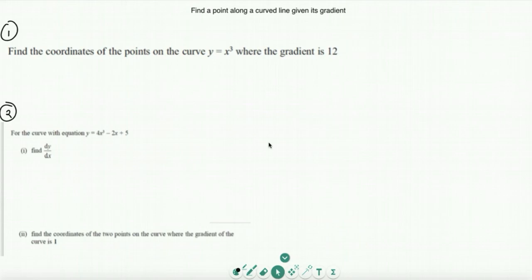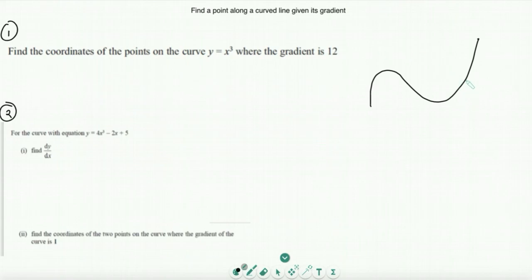Find the coordinates of the points on the curve y equals x cubed, where the gradient is 12. So we have a graph. It's y equals x cubed. Since it's a cube graph, it's going to be cubic, so it'll look like this. And we're trying to find the coordinates of the point or points where the gradient is 12. So there's some point where the gradient is 12. Let's try and sketch where that point kind of looks like it'll be.